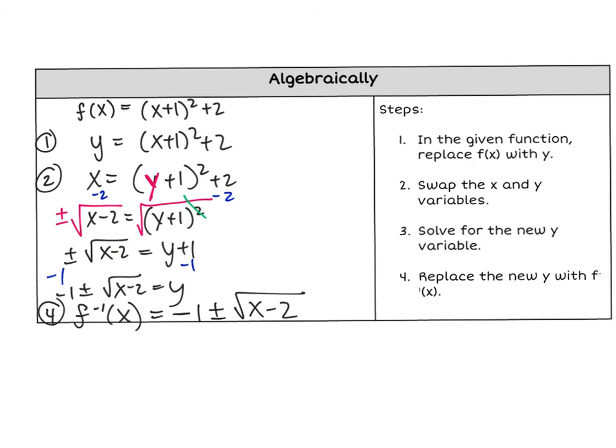So I basically have two equations. I could also write this like this, plus or minus square root of x minus 2 minus 1. So if you just think about it, this just means I have x minus 2 minus 1, so one square root function, and the reflected square root function.